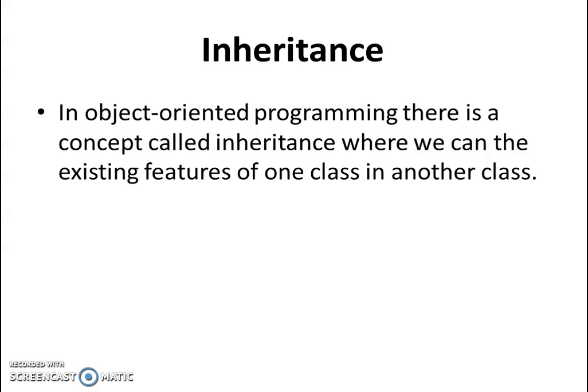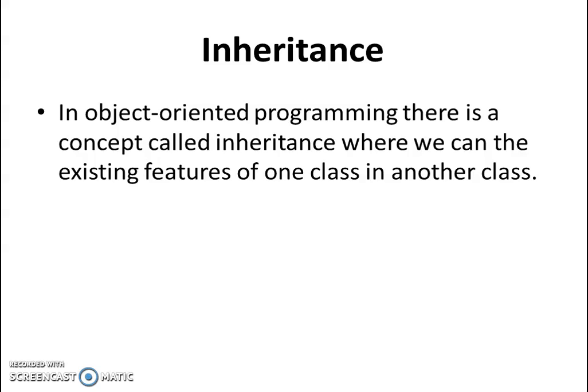So inheritance is a powerful concept of any object-oriented language, and as we already discussed, Python is an object-oriented language, so it also has inheritance. In inheritance, we inherit existing features of one class in another class.